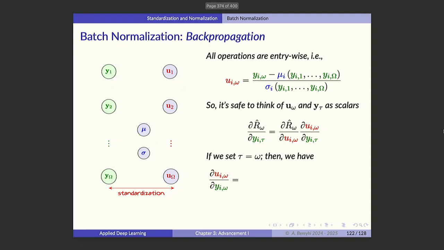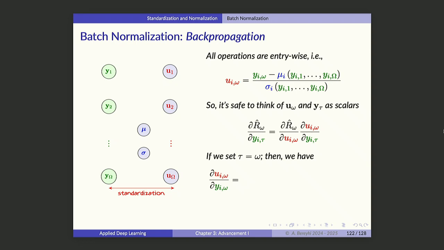So once again, if I am talking about u omega and I'm computing the gradient of u omega with respect to y omega, the first term is going to be the derivative of that f I wrote on the board with respect to y omega times the derivative of y omega with respect to y omega, which is 1, right? And what is the derivative of this expression with respect to y omega?